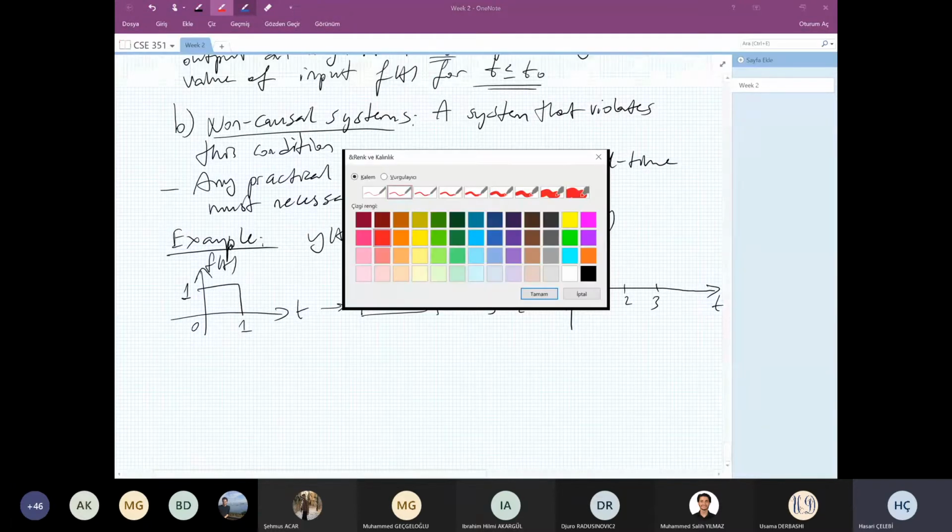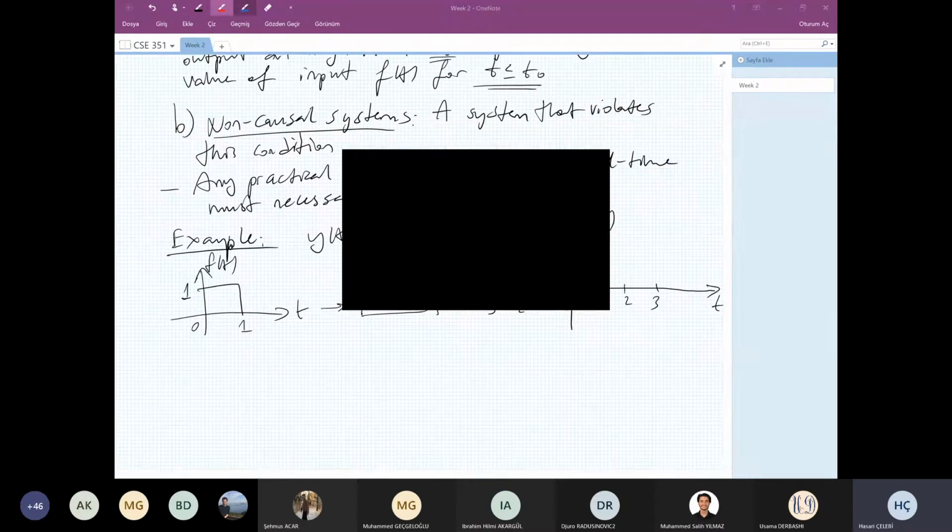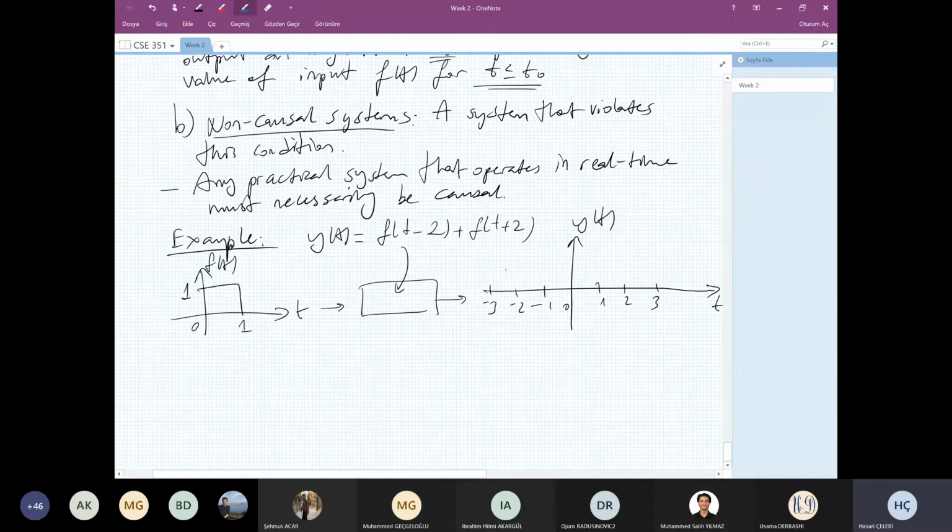As you said, this f of t minus 2, originally it was here, right, f of t. If we shift by 2 to the right, because originally it was at 0, it's going to come here, right? So that's the first part, which is f of t minus 2.